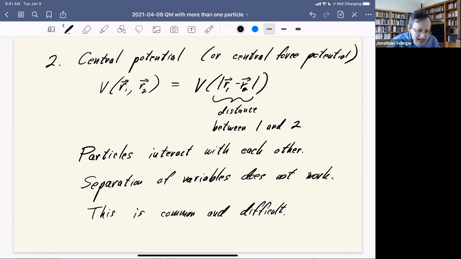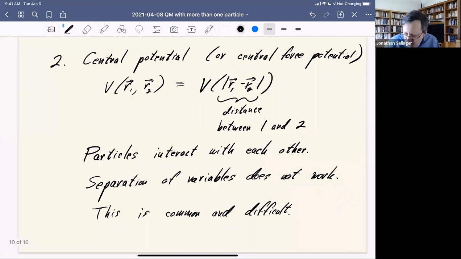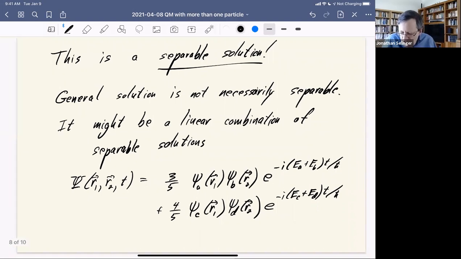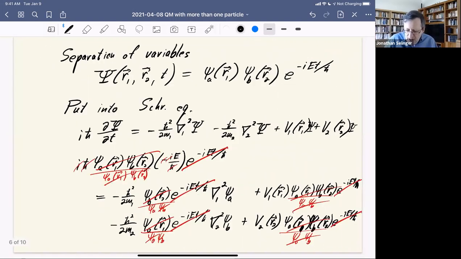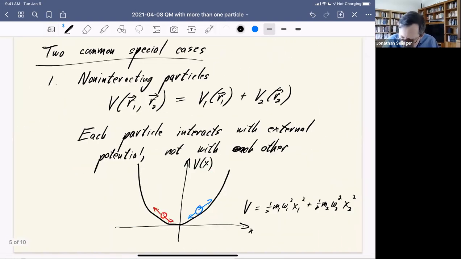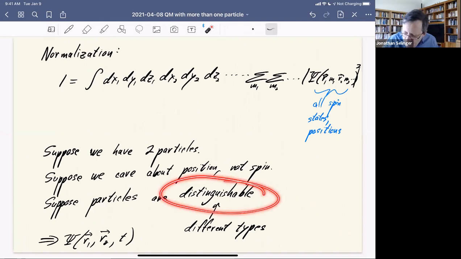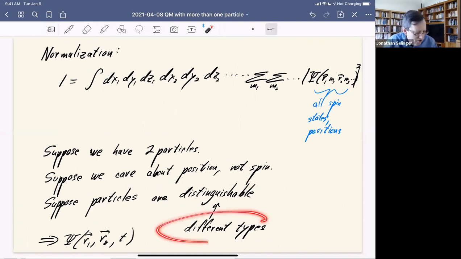Okay, what I am going to talk about now is what happens if the particles are not distinguishable. So you remember, I said way back in the beginning of this class that we're assuming that we have distinguishable particles, meaning different types of particles.